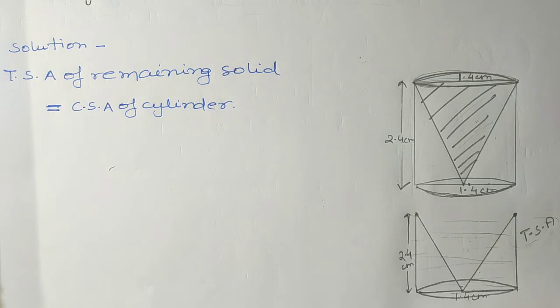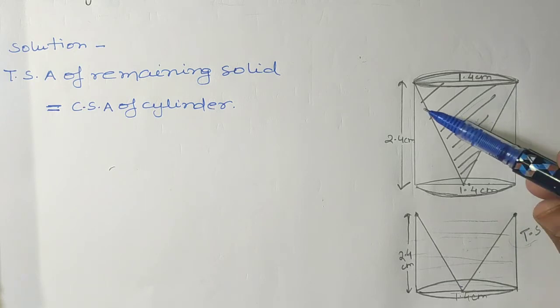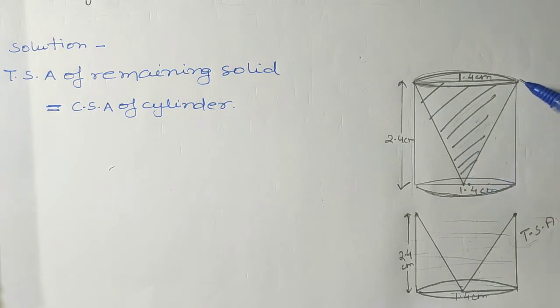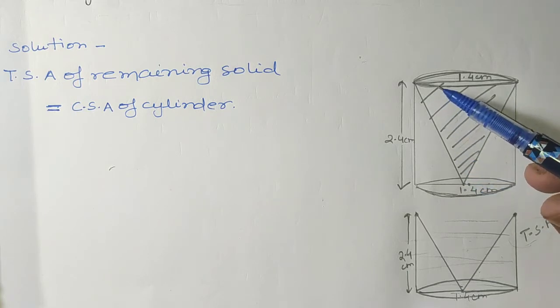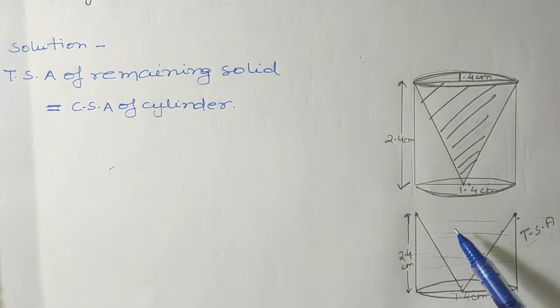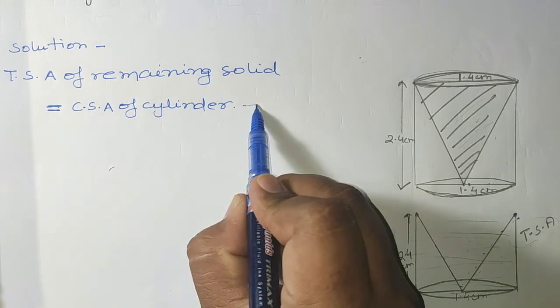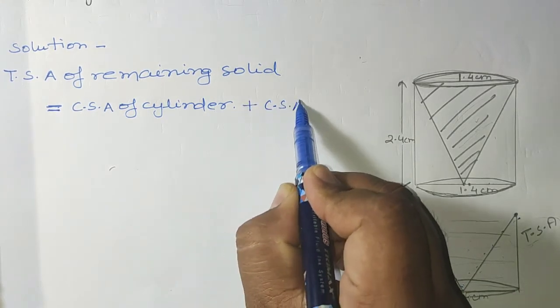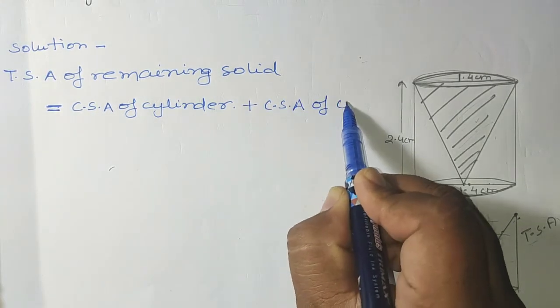See, when we have only the cylinder, no surface of the cone is there. But when the conical cavity is cut out, then this wall comes out. Now this is the wall of a cone, so you have to add this surface also. So here we will add curved surface area of cone also.